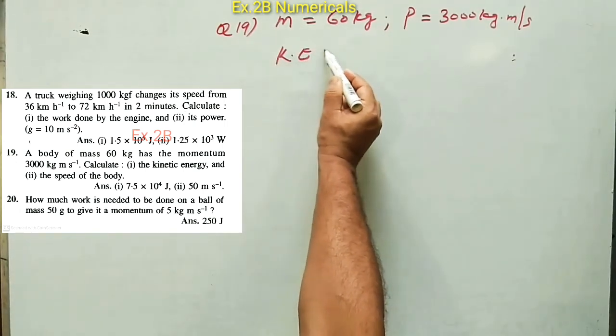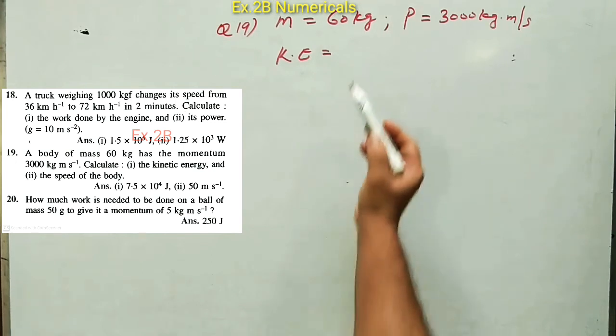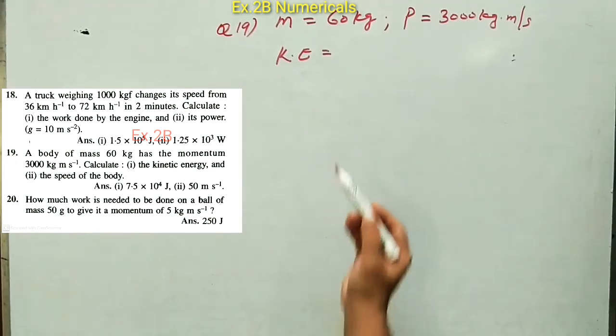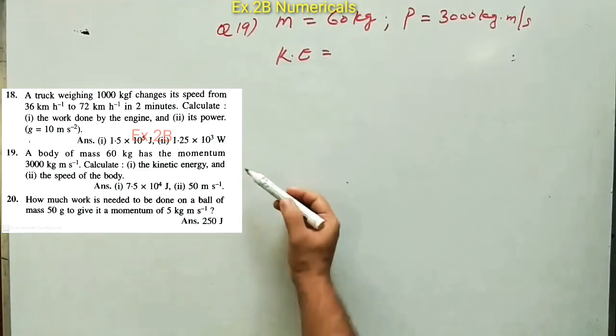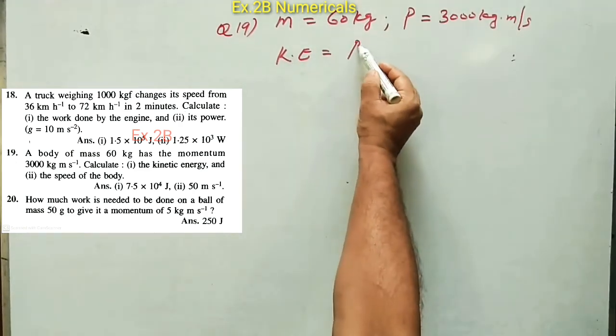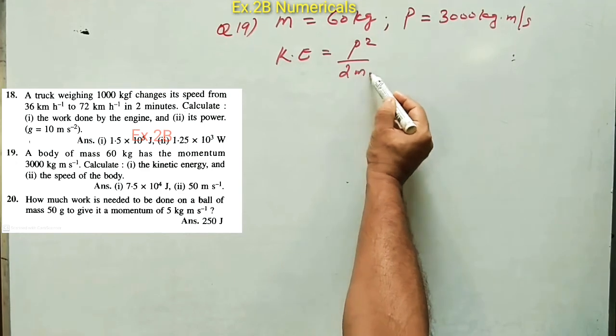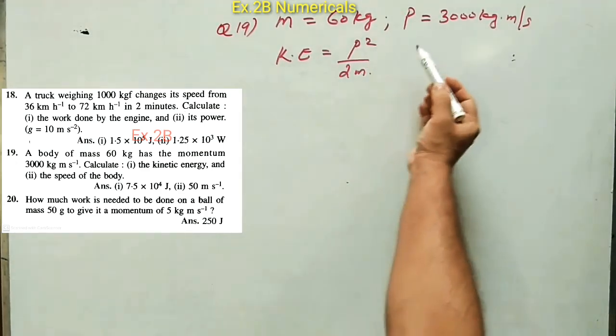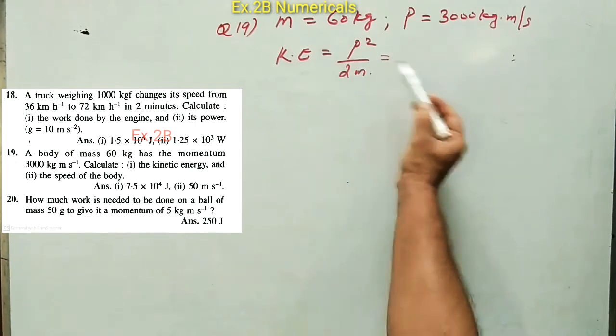Kinetic energy KE is given as, so we have the relationship between momentum and kinetic energy. What's the relation between kinetic energy and momentum? Kinetic energy is equal to p square by 2m. You have studied the formula in the theory classes. Clear? So all these quantities we have, place the values here.